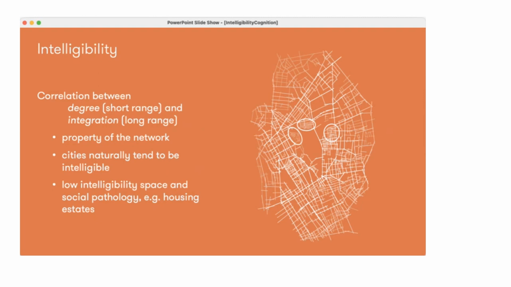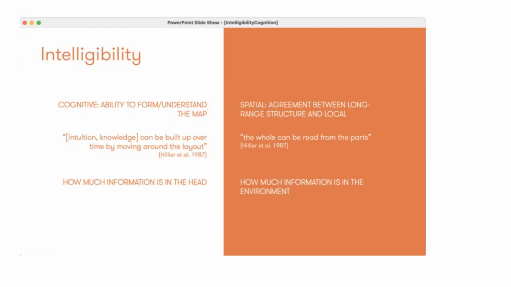But it turns out that we expect our cities to be intelligible, and when we find low intelligibility, in this example here, there's a few streets circled, and these are council estates in London that have been identified as being particularly poor spaces for navigation and for all sorts of social reasons, but they are low in intelligibility. And this is what causes the problems, one of the things. So low intelligibility is considered not to be so good in terms of navigation and other social factors in cities.